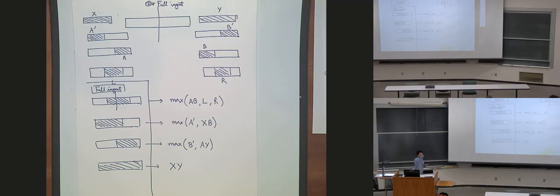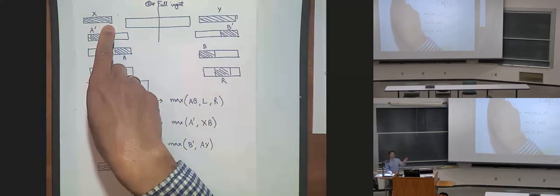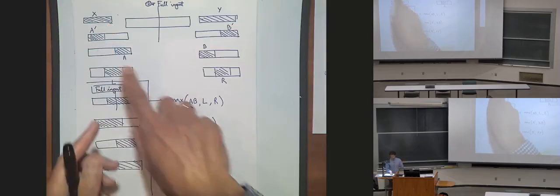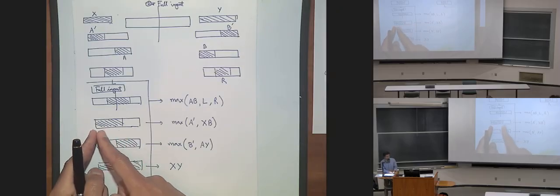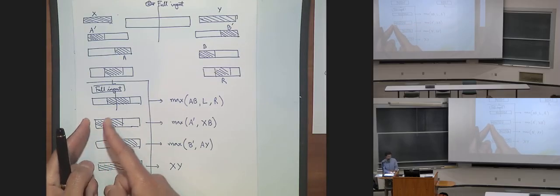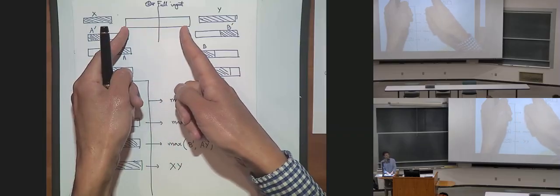X and Y, that's the middle cross. X and Y is just everything. It's just the product of everything. You need the product of everything because the maximum starting from the left for the full input could either be contained entirely in the left, or it might have everything in the left.